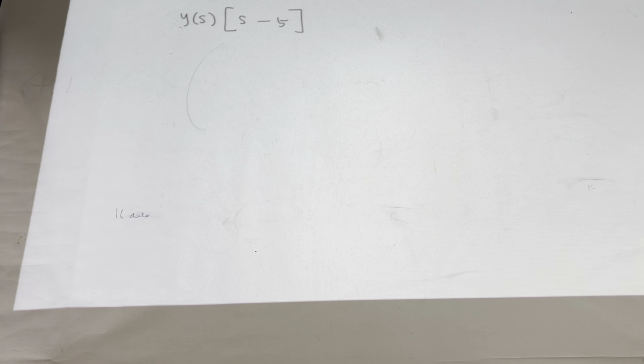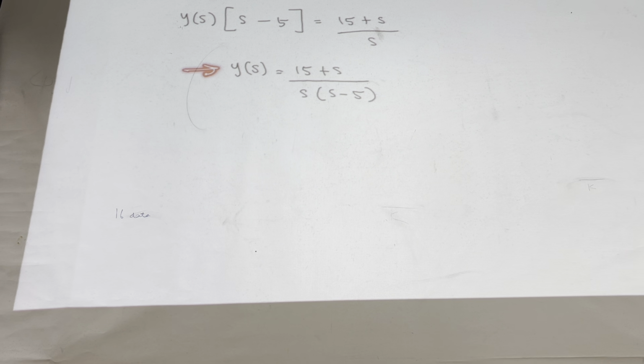And then what is Y(s)? Y(s) is 15 plus s divided by s multiply (s minus 5). Now you have a rational fraction. Y(s) is the solution, but now to inverse Laplace transform this one, this is a rational fraction.